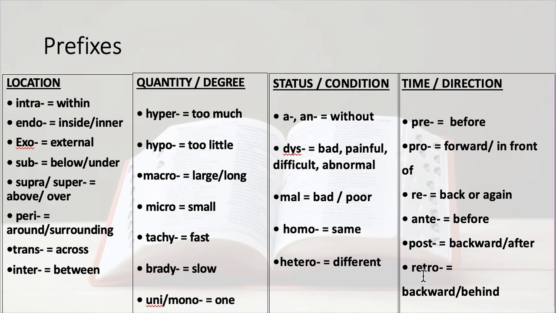If we think retro means backward or behind, so yes, directional, but directional and, again, location can sometimes be interchangeable or used in a similar context. So this is to say that certain prefixes may point to or be used in a directional sense, but it also gives us indication of location, such as retro, for example.